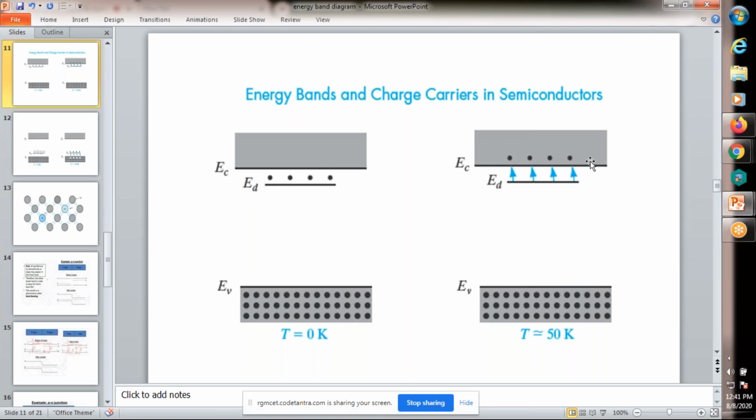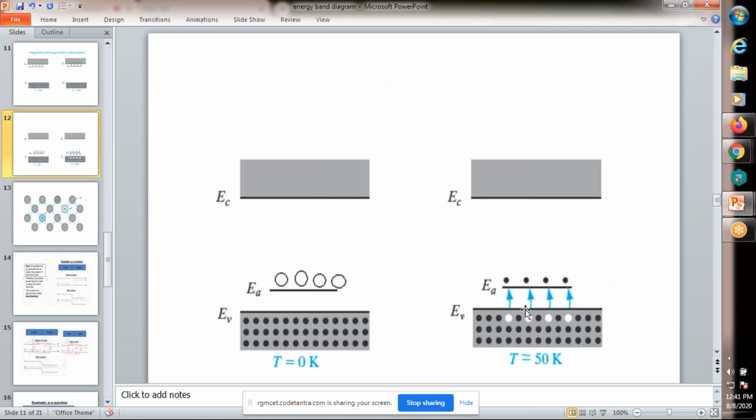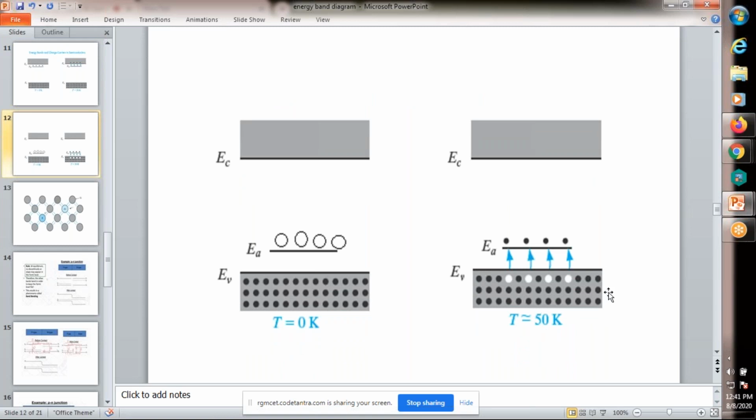Whenever electrons move around within the conduction band, it results in current. So in N-type material, the conduction band is responsible for the current. Similarly, in P-type material, the valence band is responsible for generating the current.